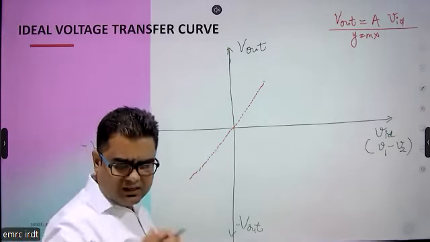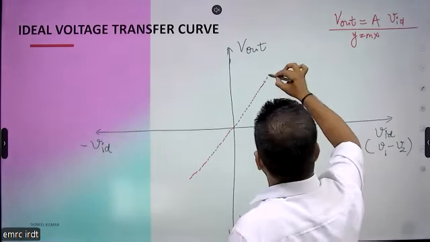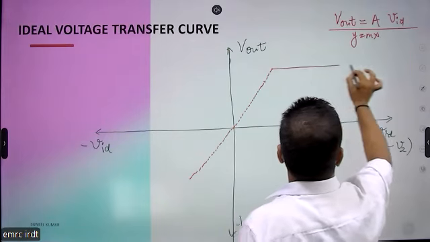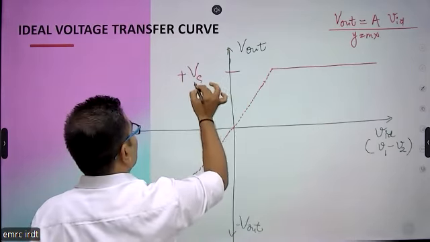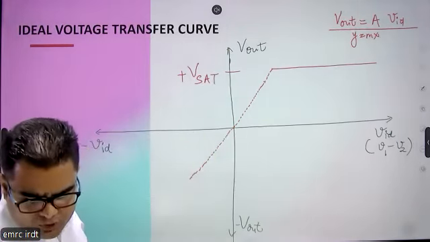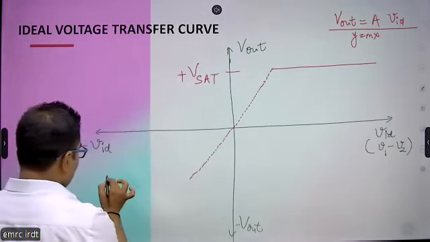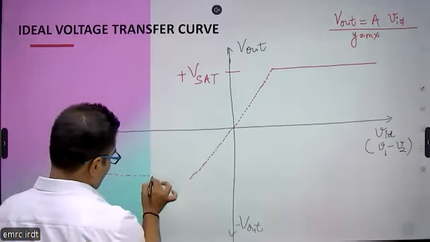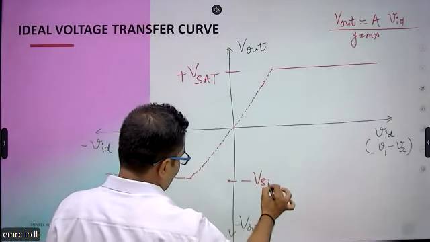But after a certain voltage, the output will become saturated. This value is positive V saturation. After a certain voltage, the output will become a fixed value, that is plus V saturation. And similarly, in the negative quadrant, this will become minus V saturation.